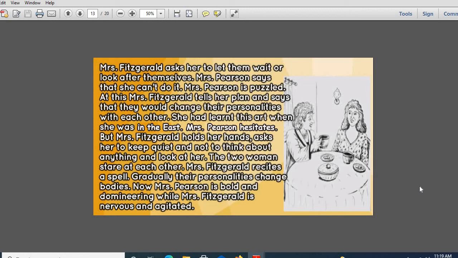Mrs. Pearson, all of a sudden, because she had imbibed the characteristic traits of Mrs. Fitzgerald, became bold and domineering, while Mrs. Fitzgerald, who had imbibed the characteristic traits of Mrs. Pearson, has become nervous and agitated. That means there was a swap in the personalities, an interchange of personalities. Remember, this is the very, very important part of this particular drama.